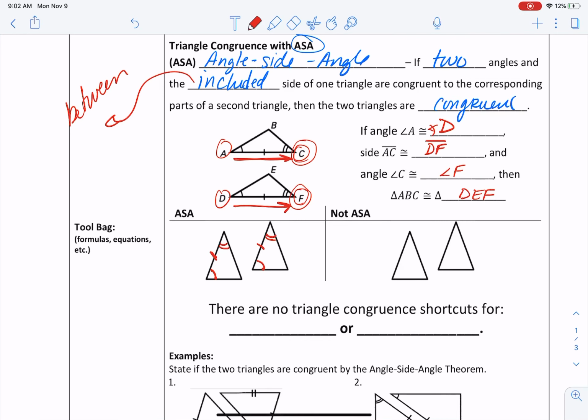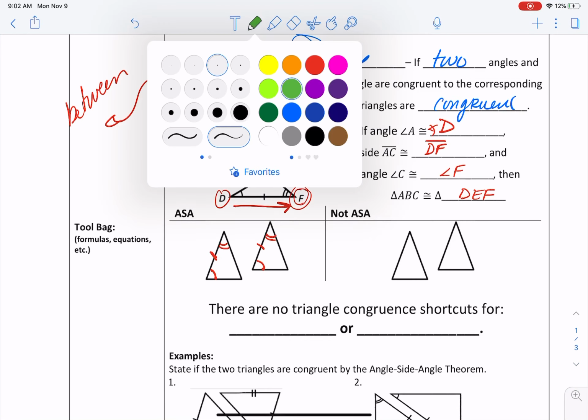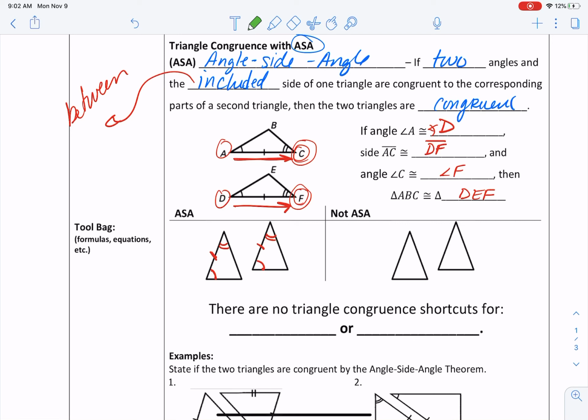So the side is included, and that's what makes it work. But they have to match, so it can't be angle, side, angle and then like that. They have to be matching to be angle, side, angle.